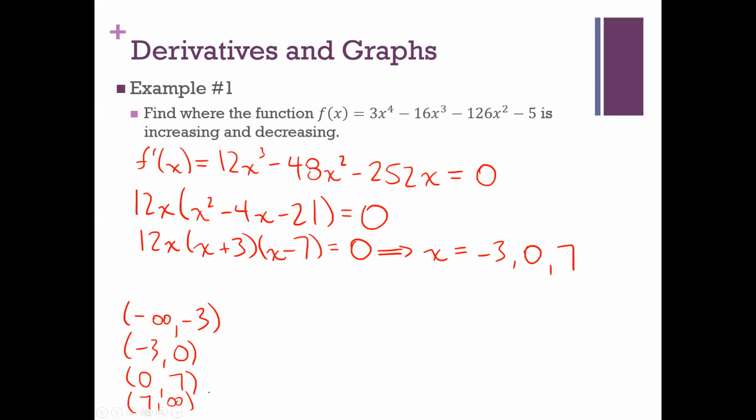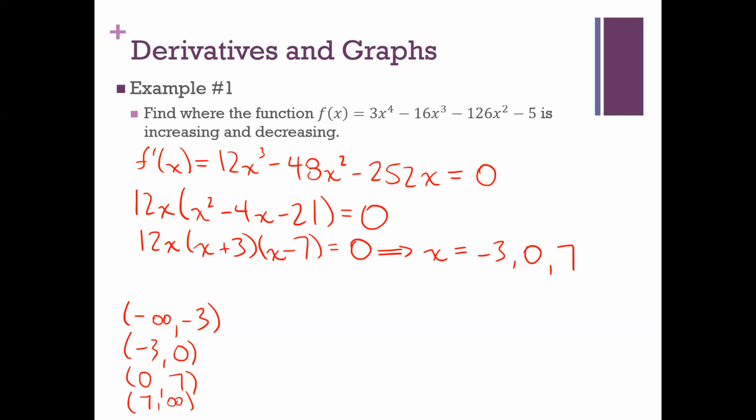Basically what we did with these critical points is divide the real numbers up into all the intervals we actually care about, right? By the way, I automatically made all these intervals open. Why does it make sense to just make all those intervals open?